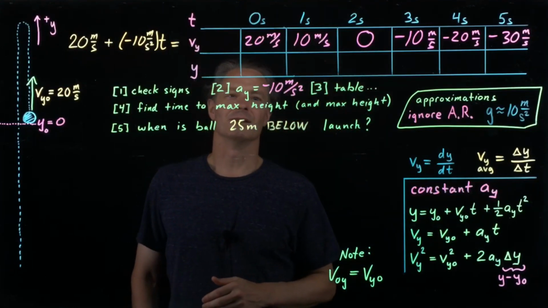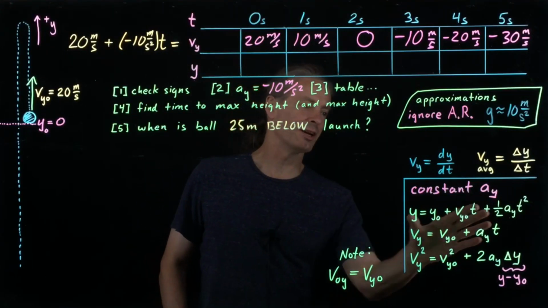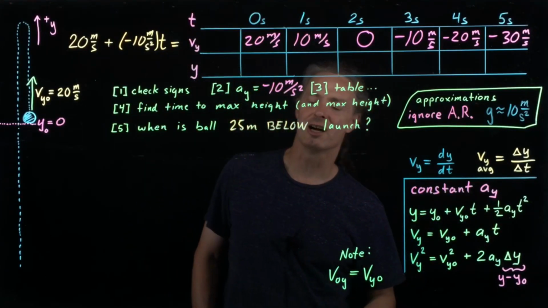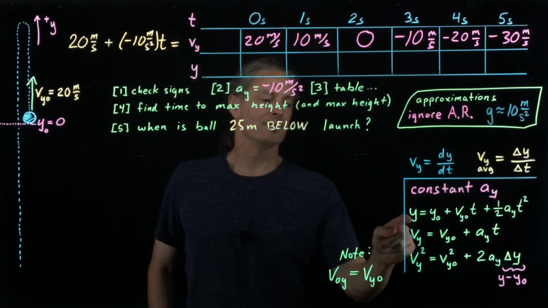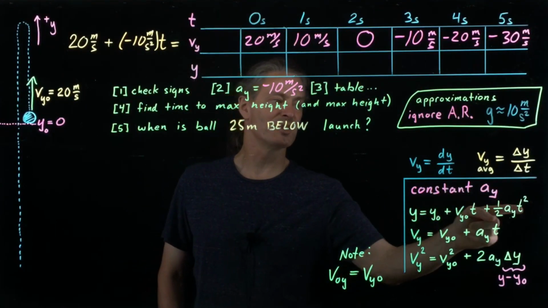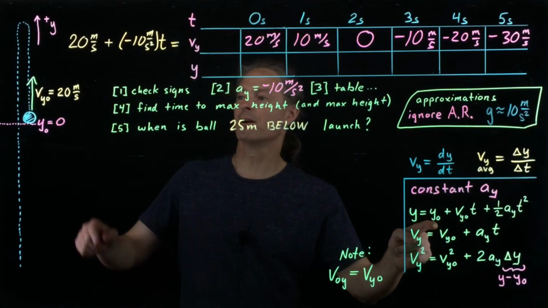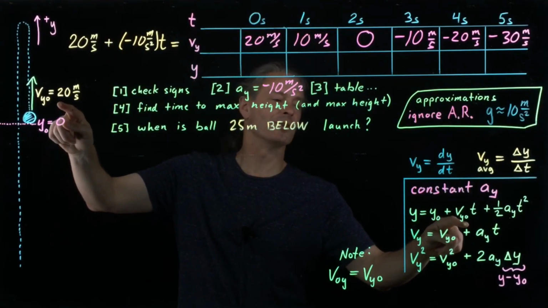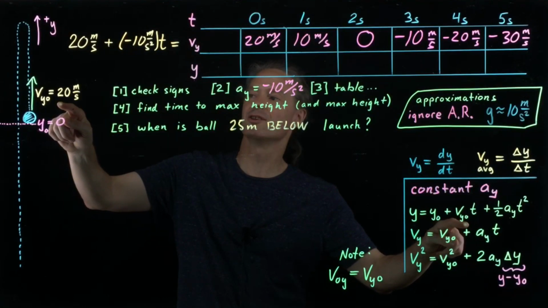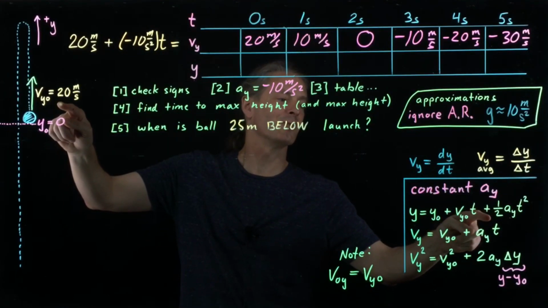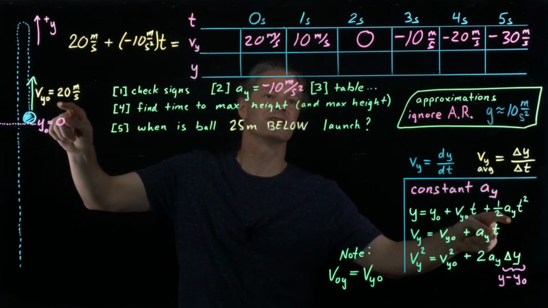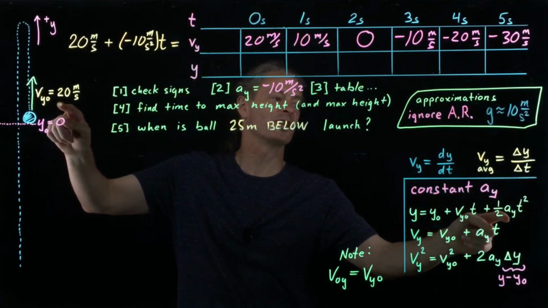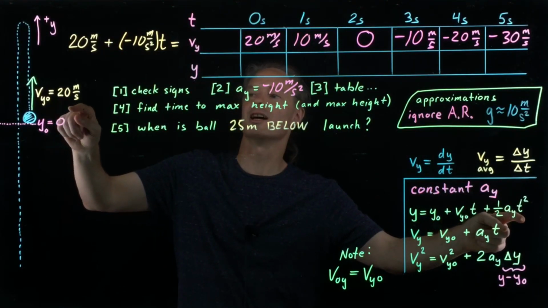All right, let's look at the second row in our table. Now we're going to look at the position as a function of time. We'll do the same thing. This is the position at time t. Y sub 0 is 0. This is the 20 meters per second, the velocity in the y direction at time 0. Then I have 1/2 the acceleration. The acceleration, again, is negative 10 meters per second squared, times time squared.